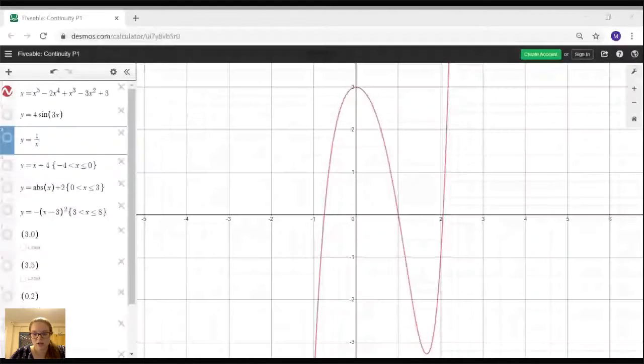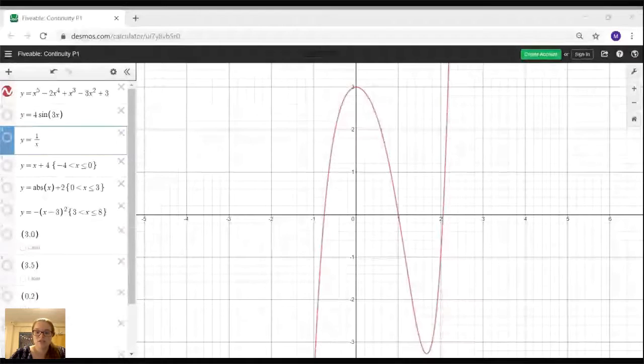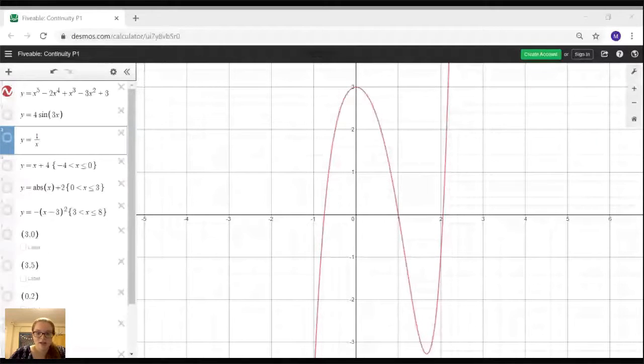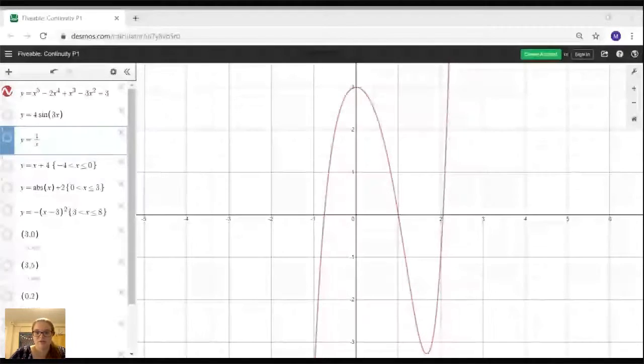That is a generalization that we actually can make, that if we have a polynomial function and you're being asked if that polynomial function is continuous, you can always say that is continuous. That is a big help on the AP exam, because you don't want to waste your time proving something is continuous when you can just say this function is continuous because it's a polynomial. Okay, so write that down in your notes. Any polynomial function is continuous.